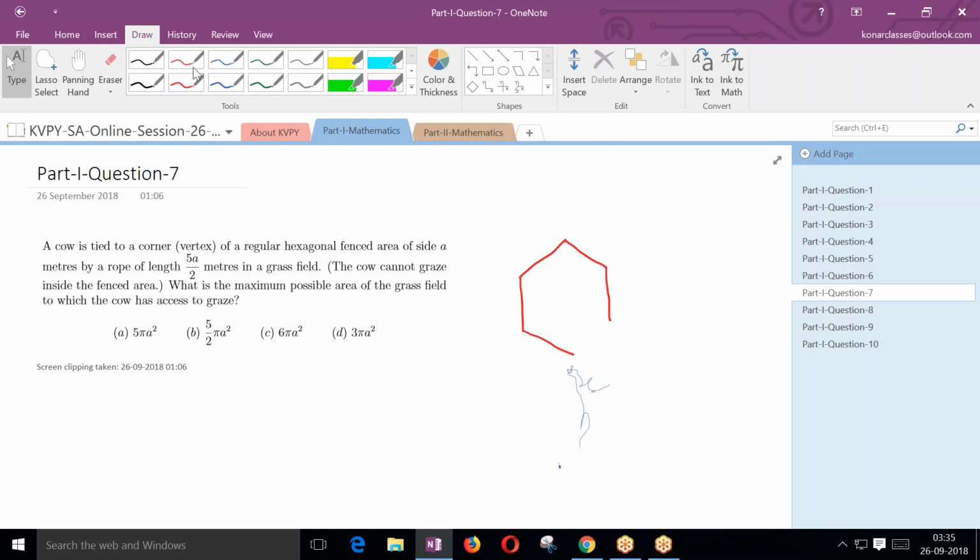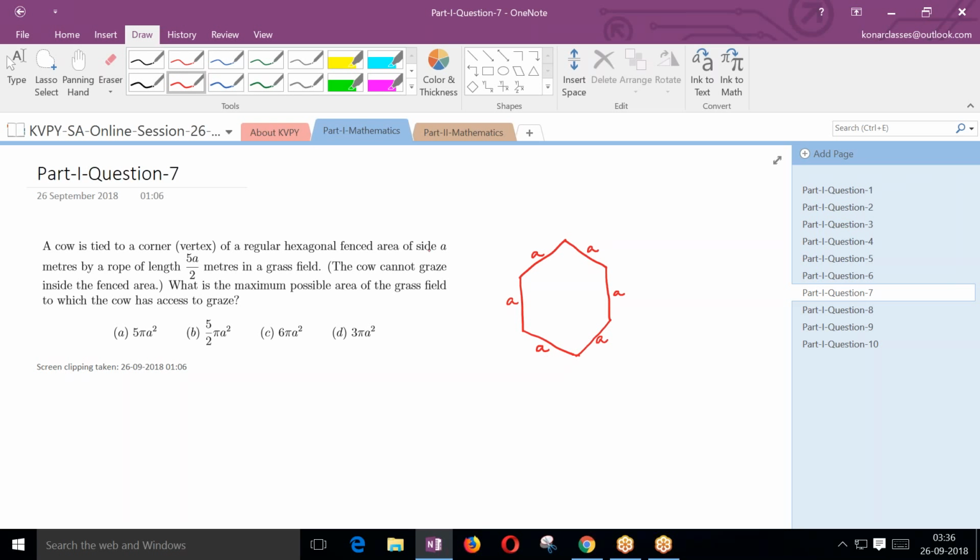Just a minute, I got a little bit of problem here. Just let me remove it. Okay. So this is A. This is also A. This is also A, and as you know, all the sides are A.